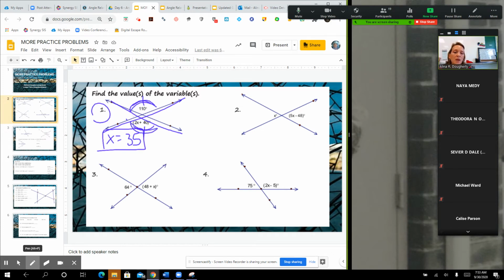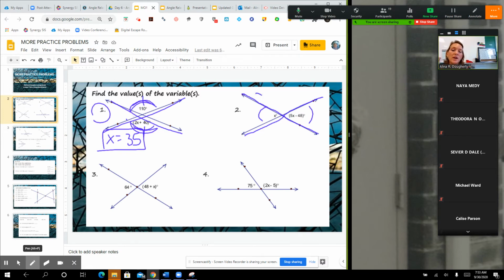Okay. Here, what do we have? What's the relationship with those angles? Adjacent means they share a side. They're right next to each other. Are those right next to each other, or do they kind of make a V? They're vertical. They kind of make a V. If you kind of tilt your head and squint your eyes a little bit.